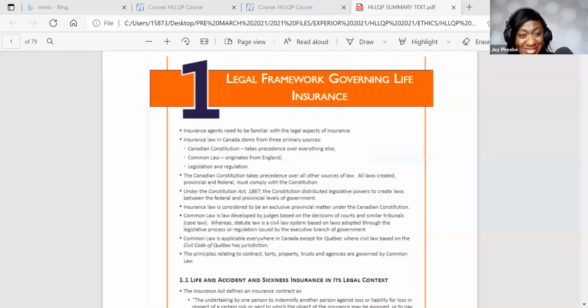Makes sense? The insurer is the life insurance company. The policyholder is the legal owner of the life insurance policy, and can be an individual or a corporation.